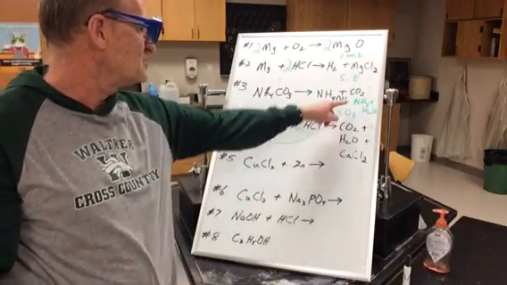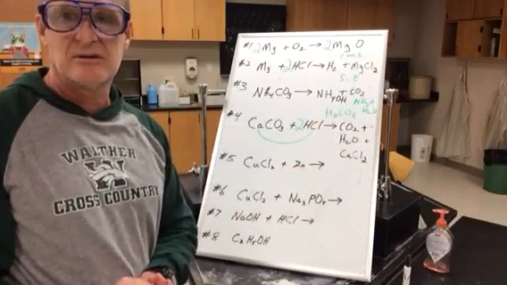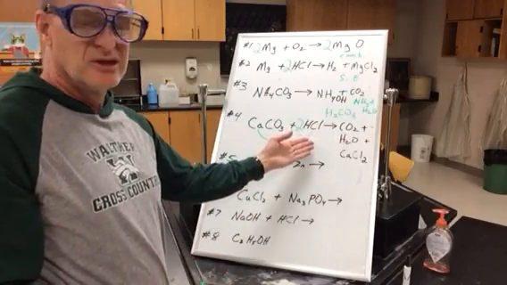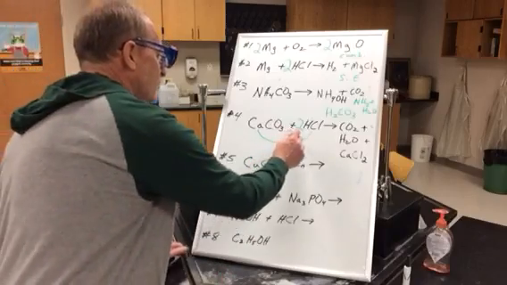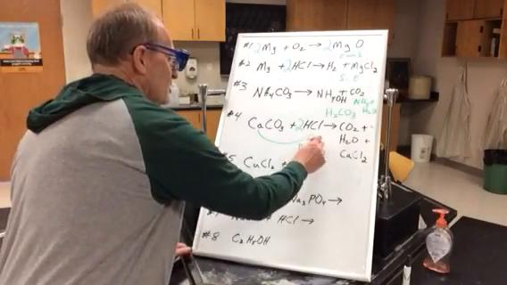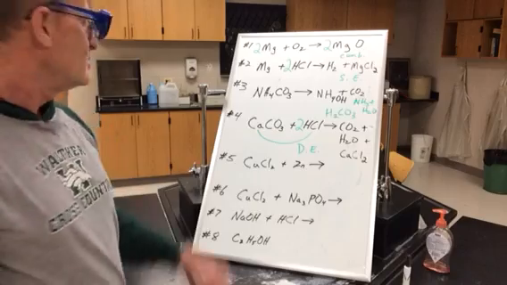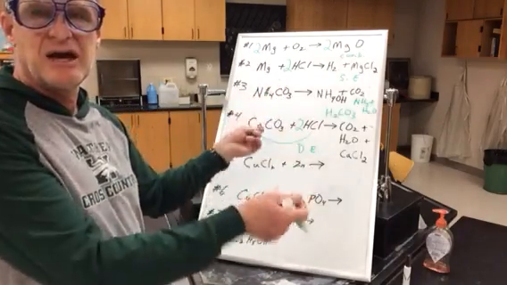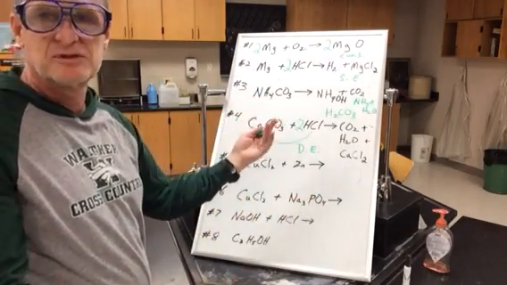So you can see it's a very similar kind of reaction when you get right down to it. This one's probably a little more like a double exchange, okay? Whereas this one really didn't exchange ions, it just kind of broke apart and formed some new compounds.